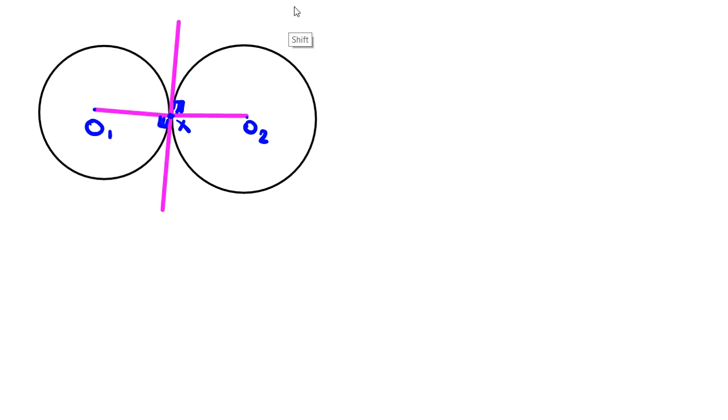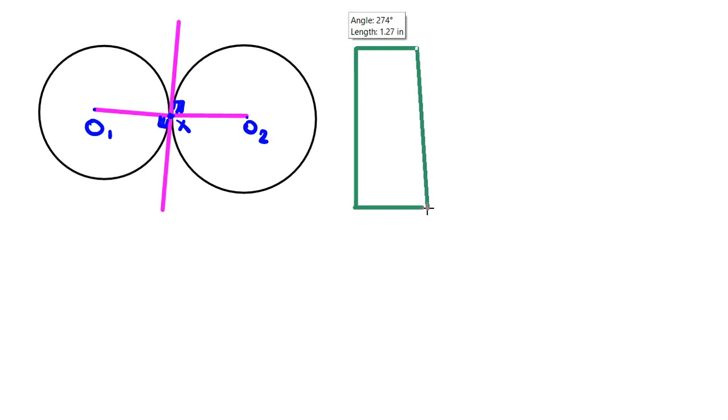Why? Because look, if we have two right angles, and for example, this one is R, it is a right angle. I want to prove it is a rectangle. How? I draw a perpendicular from this point to this line.